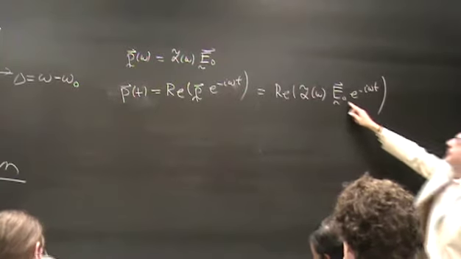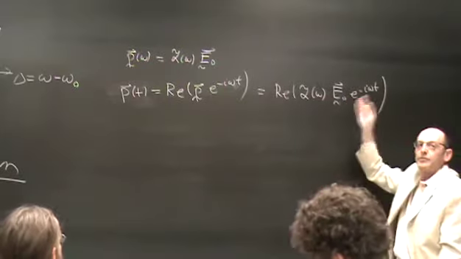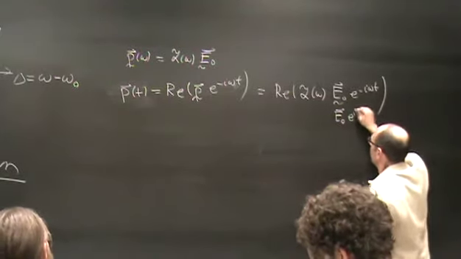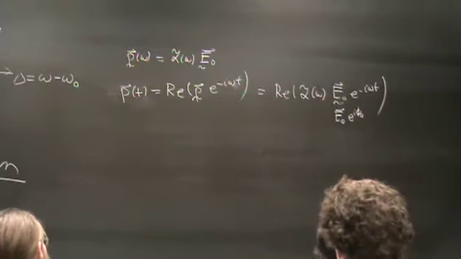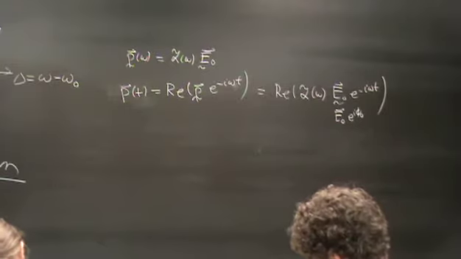Now, we can take this, we can phase shift it any way we like, it doesn't really matter. I mean, I can call this, if I want, E0 times some phase. Let's assume it's linearly polarized, so that E0 is a real vector.